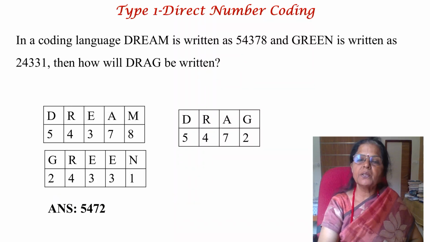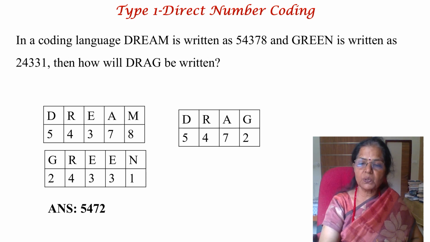In this video, we are going to see four types of number coding. The first type is the direct type. What is direct? Here you don't have to draw the number table. Remember, we drew number tables for the alphabets, giving 1 to A and 26 to Z: A1, B2.